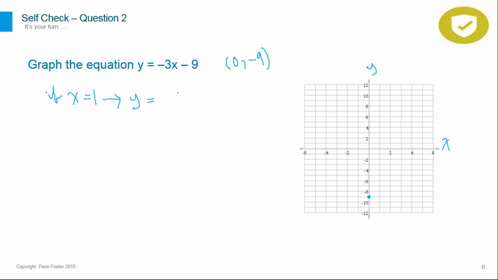Well, y = -3 times 1 minus 9. -3 times 1 is -3, and then minus 9 will give us -12. So when x is 1, y will equal -12, and that will make the second point (1, -12).